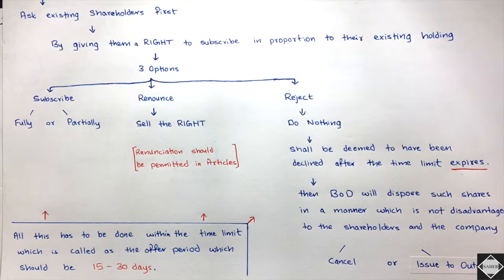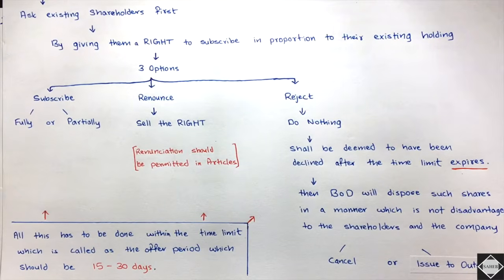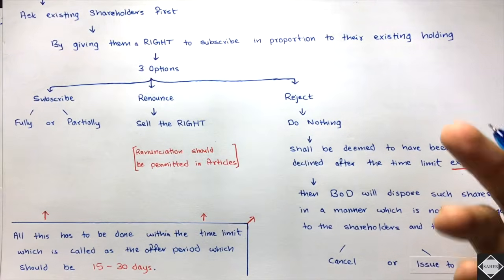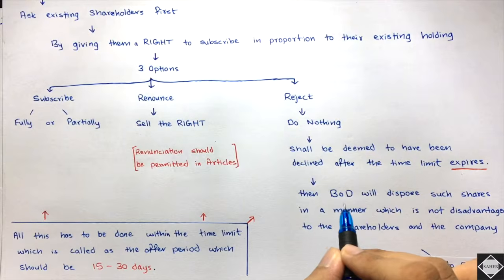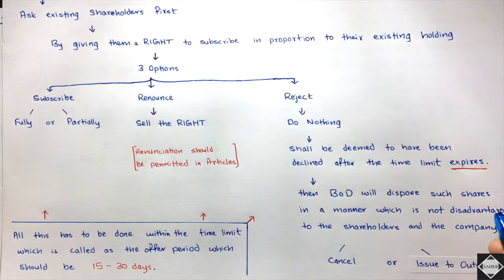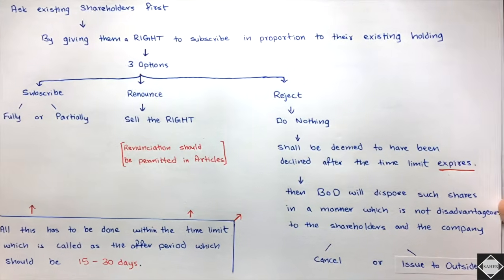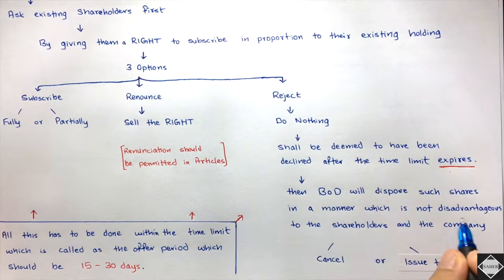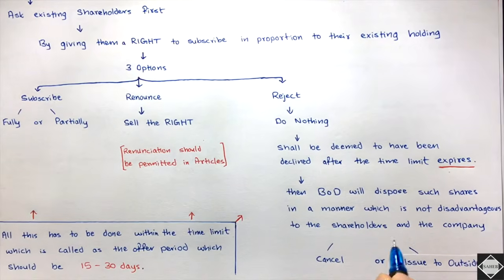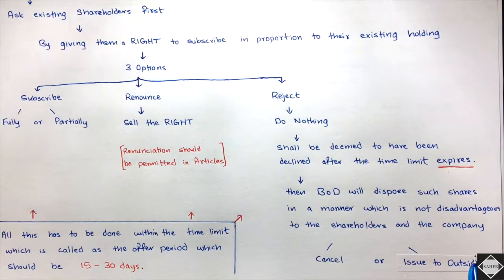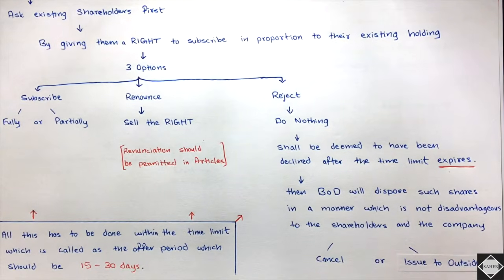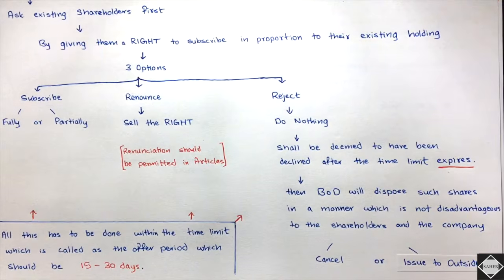So what will be done with those shares? See here, the Board of Directors will dispose of such shares in a manner which is not disadvantageous to the shareholders or the company. They will do whatever is in the best interest of the shareholders and the company.